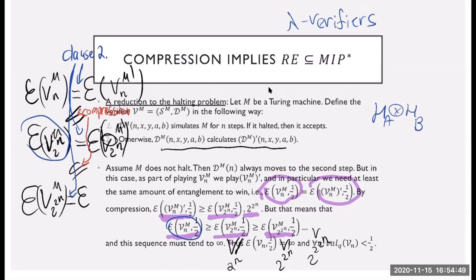Yes. This is box A's Hilbert space, and this is box B's Hilbert space. Now they're infinite dimensional, and you still take POVMs from here and POVMs from here. I see. So even in that model, you cannot. If the Turing machine does not halt, the value of this game is bounded away from 1/2, even for this model.